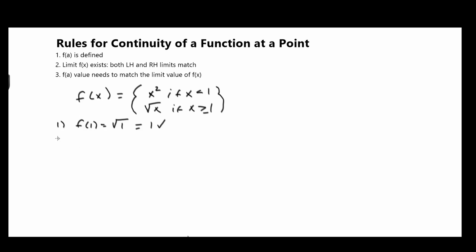So rule 2, we need to find both the left hand and the right hand limits. Starting with the left hand, this x value is less than 1, so we'll be using this function here.